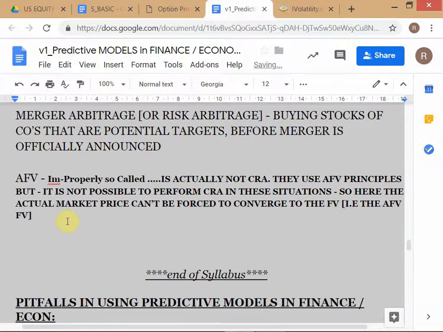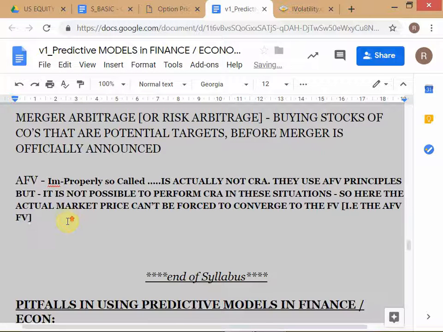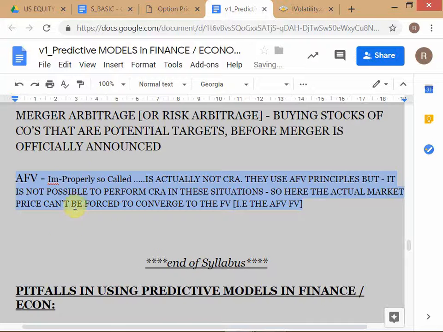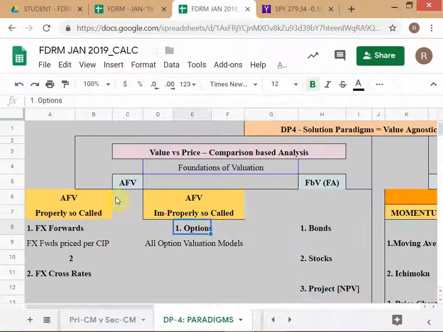When I say AFP fair value, it means fair value computed using AFP principles. Just understand this: you cannot force the actual market price to converge to the fair value using this principle.